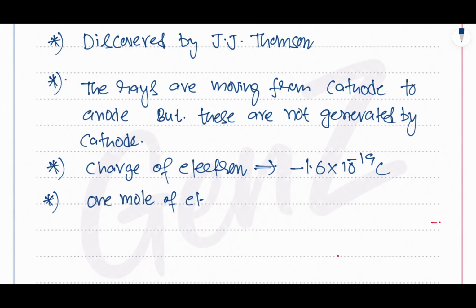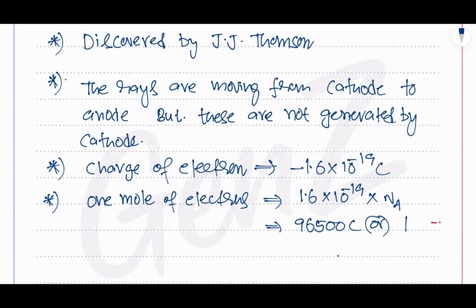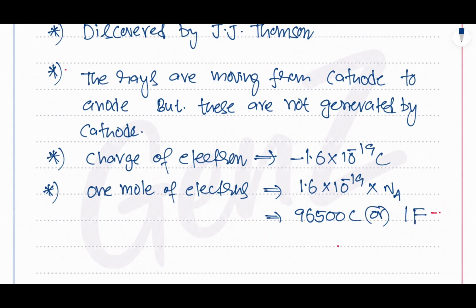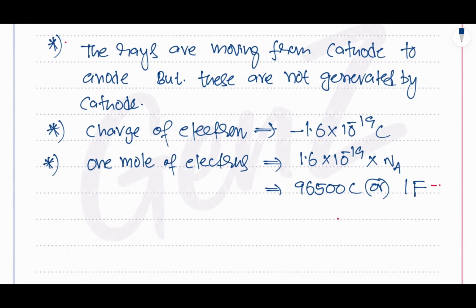Avogadro number of electrons. So we need to multiply this with the Avogadro number: 1.6 into 10 power minus 19 into Na. If you multiply with this Na, it comes as 96500 coulombs or 1 Faraday. It is the charge of 1 mole of electrons.